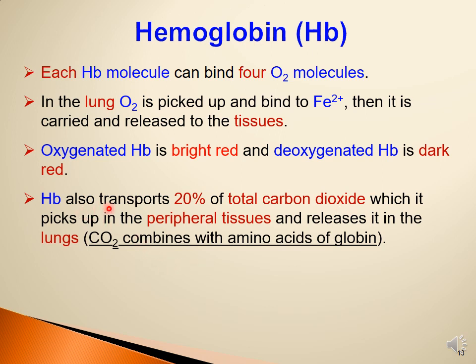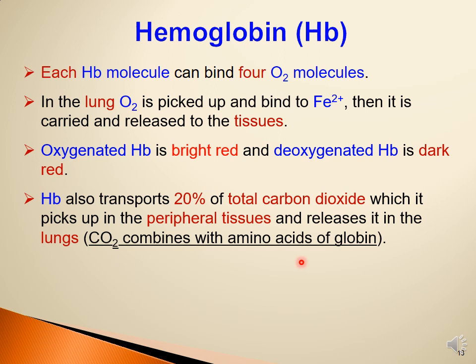Hemoglobin also, as I said earlier, transports about 20 to 23% of the total carbon dioxide in the blood, which is picked up in the peripheral tissues as a product of metabolism and then released in the lungs. Please notice that carbon dioxide combines with the amino acids of the hemoglobin molecule.